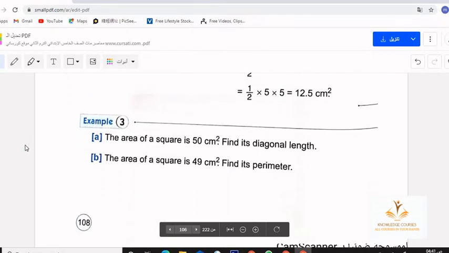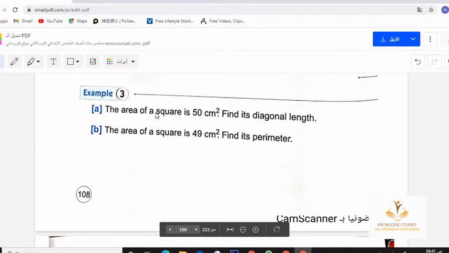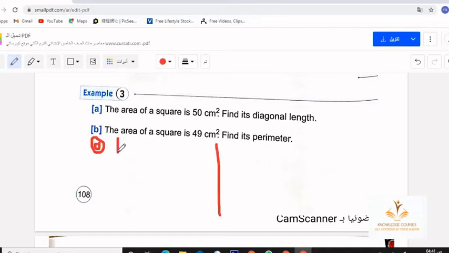Example, area of a square equal 50. Find the diagonal. So diagonal multiply diagonal equal 2A.